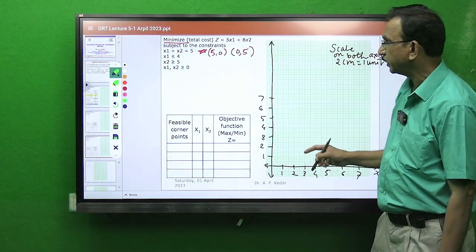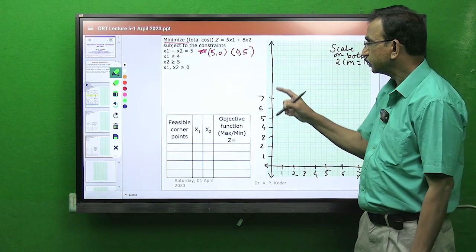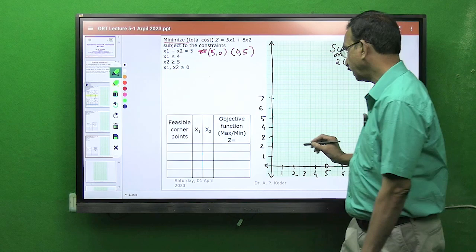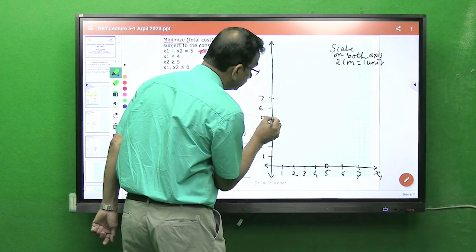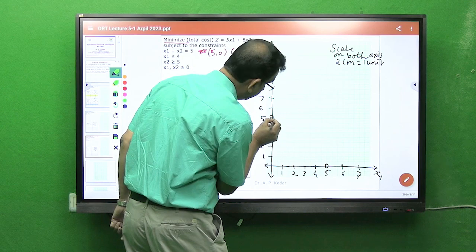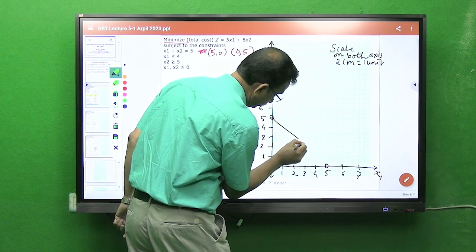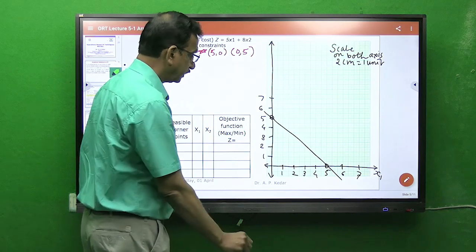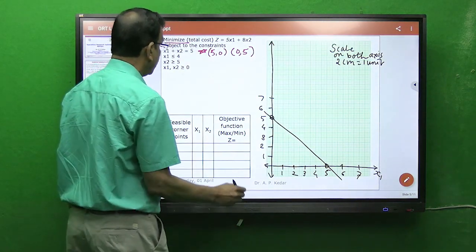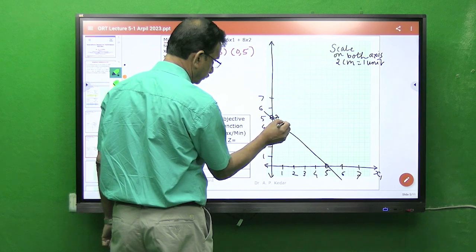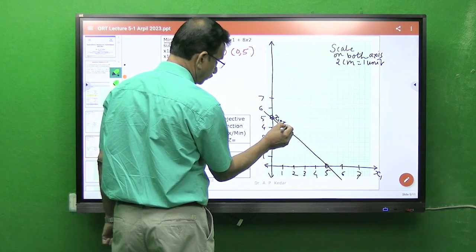We'll plot the line. First line x1, this is 5, 0, 0, 5. So this is the point, and another point is this point. So I have to join like this, and here I have to write equation of this x1 plus x2 equal to 5.